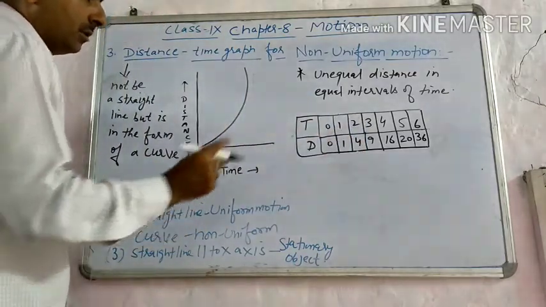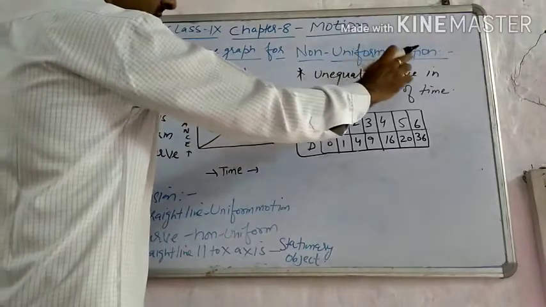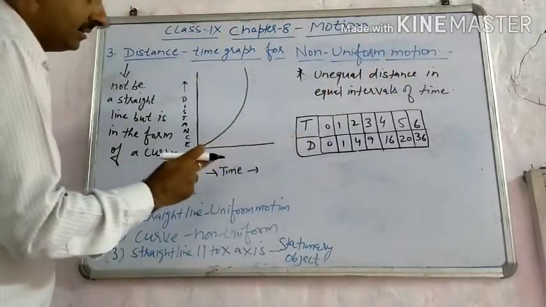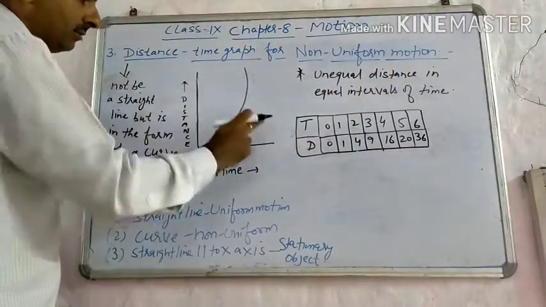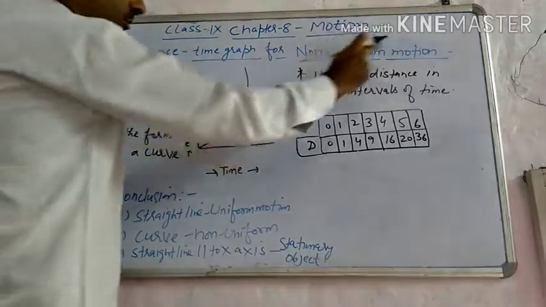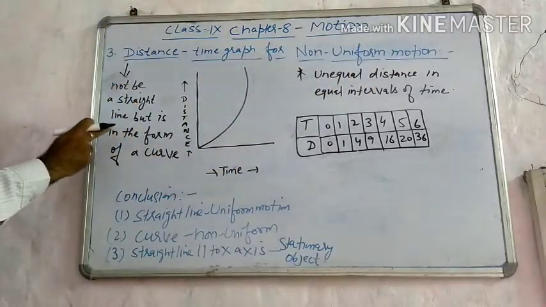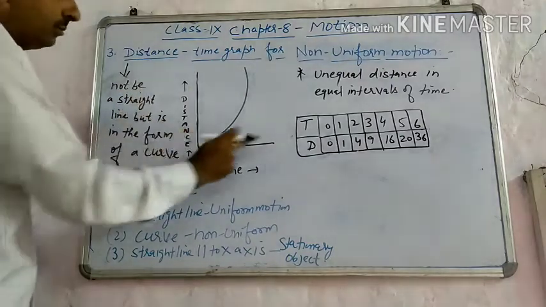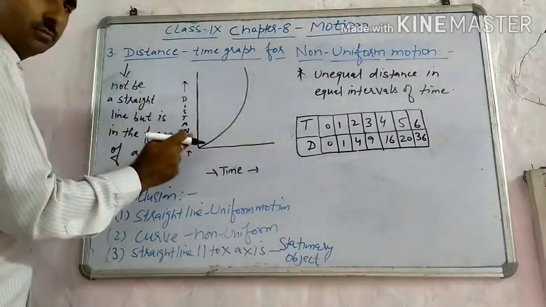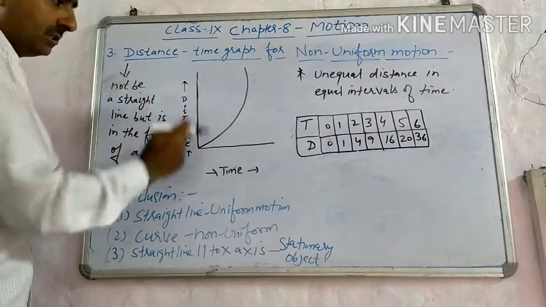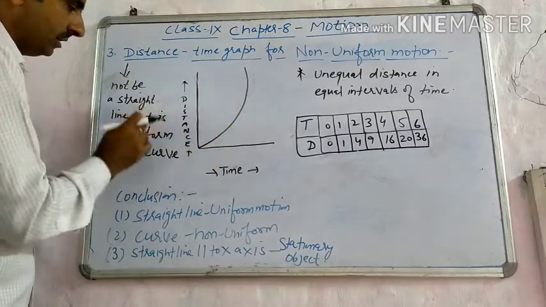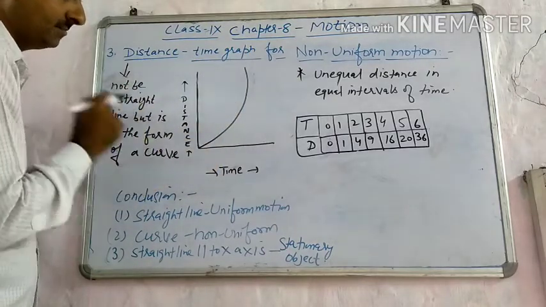Now, when we take non-uniform motion, it is seen that the graph of non-uniform motion is not a straight line, but it is in the form of a curve. It is in the form of a curve, not in the form of a straight line.